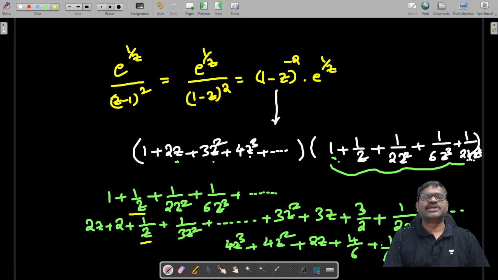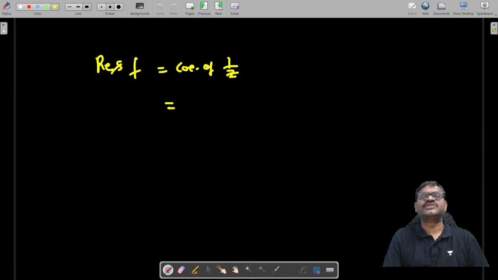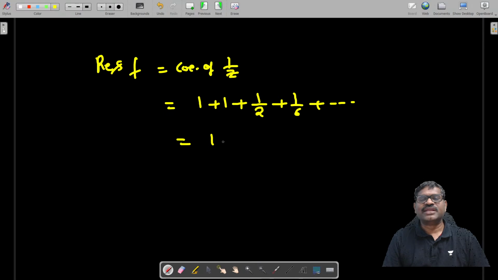Now verify the 1 by z terms. Therefore the sum is 1 plus 1 plus 1 plus 1 plus 1 by 2 plus 1 by 6 plus and so on. This is nothing but 1 plus 1 by 1 factorial plus 1 by 2 factorial plus 1 by 3 factorial plus and so on.